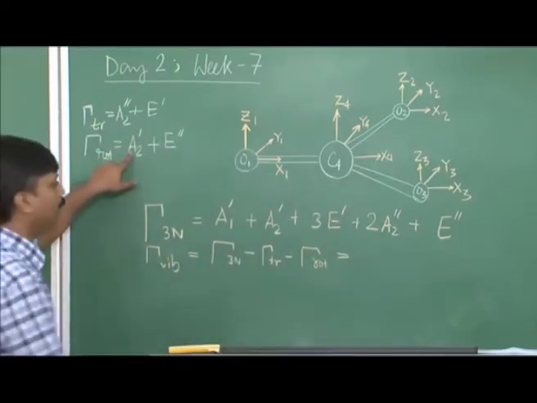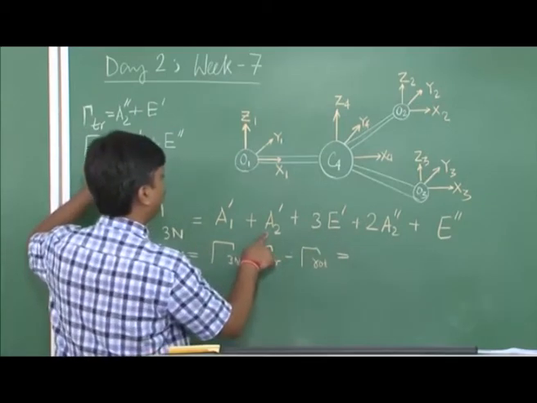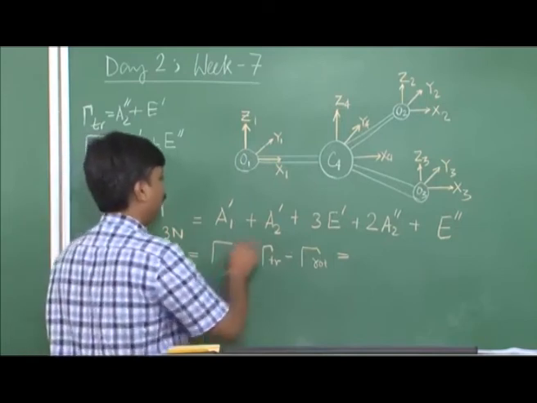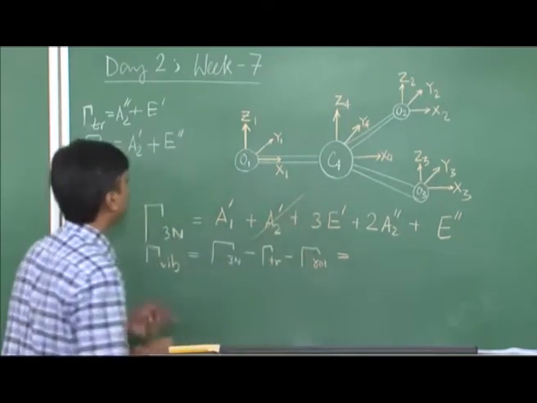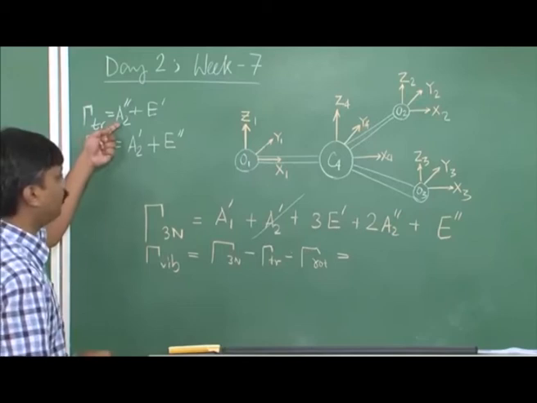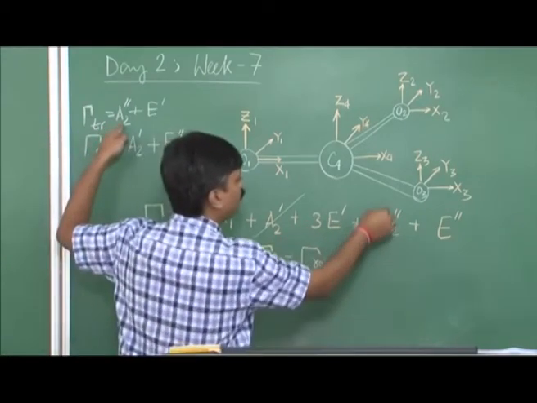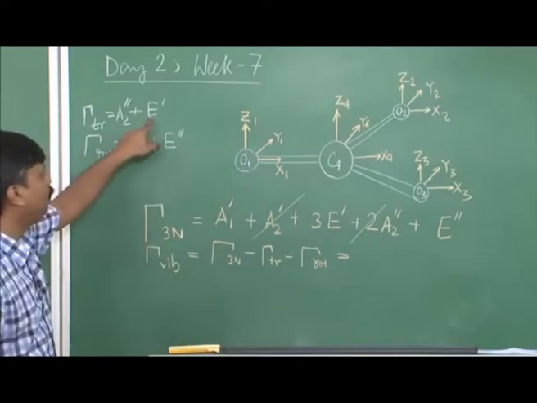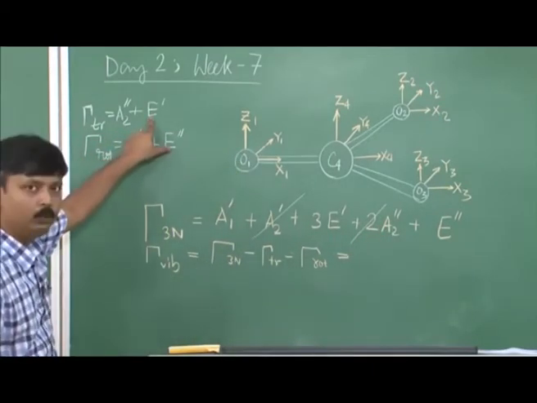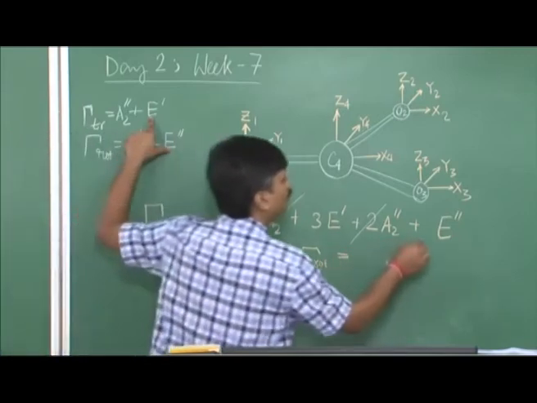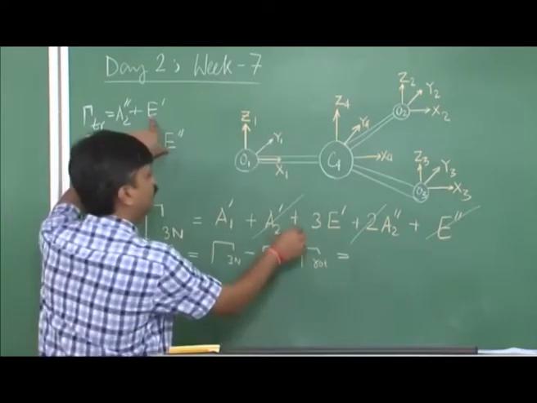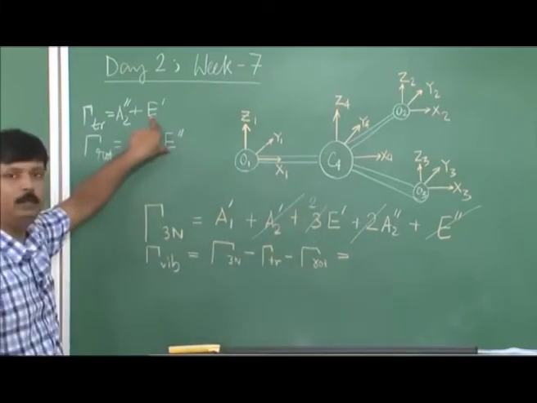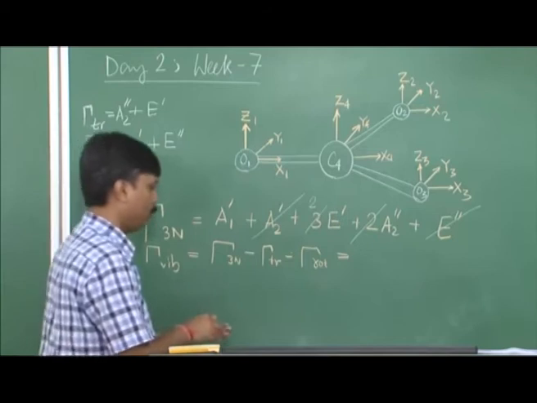A2 prime, I have one A2 prime here, correct? So if I remove A2 prime from this list, let me strike out this, and then A2 double prime, I have two A2 double prime, so I will strike one of them. Okay, I still have one A2 double prime, and then one E prime and one E double prime from this list. So E double prime is gone, and I am now left with two E primes.